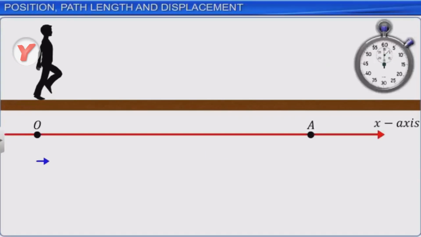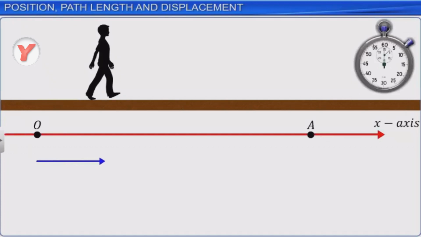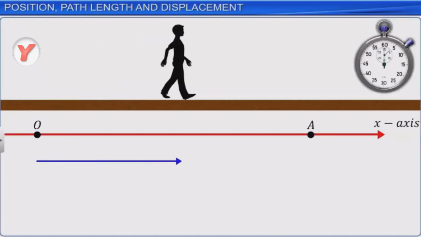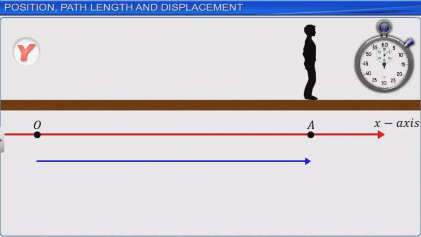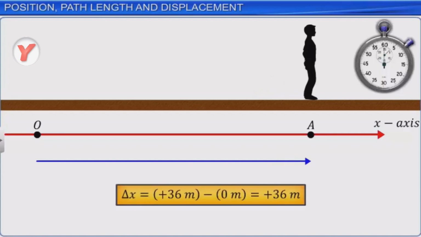For example, let's consider the displacement of the man moving from O to A. Delta x is the difference between the final point and the initial point, which is equal to 36 meters.